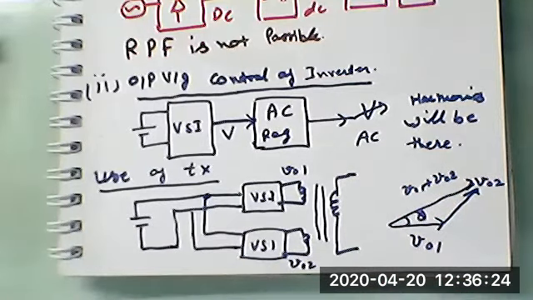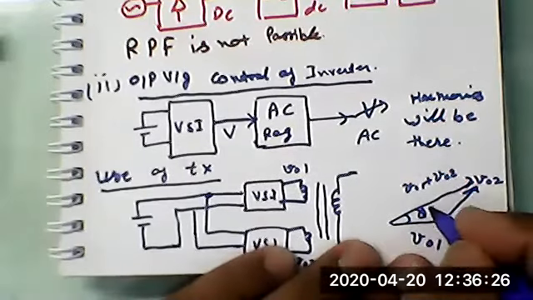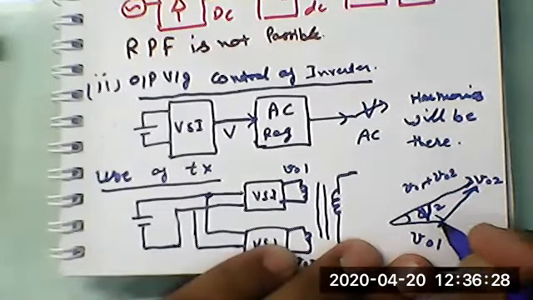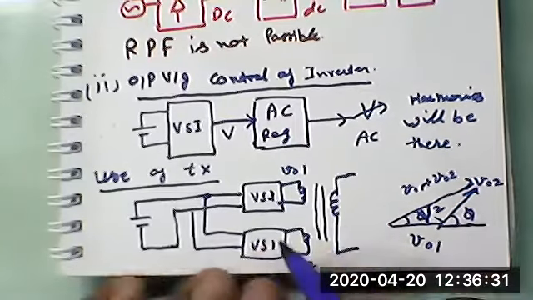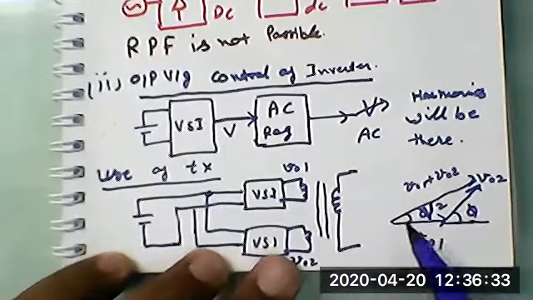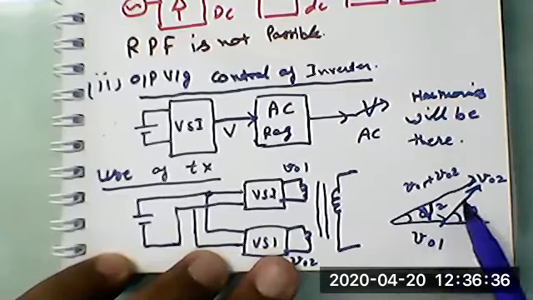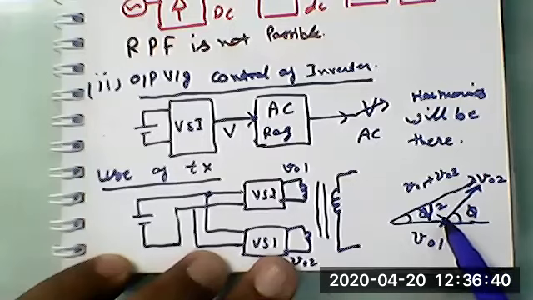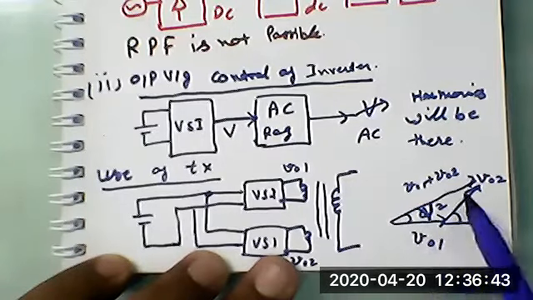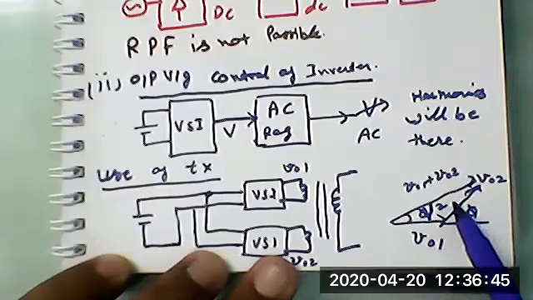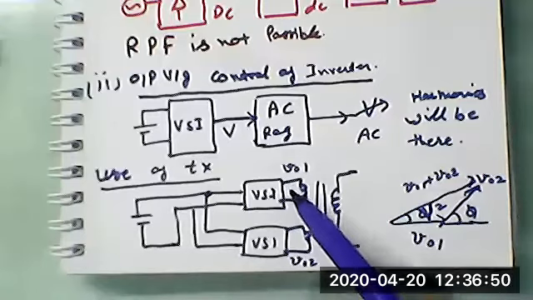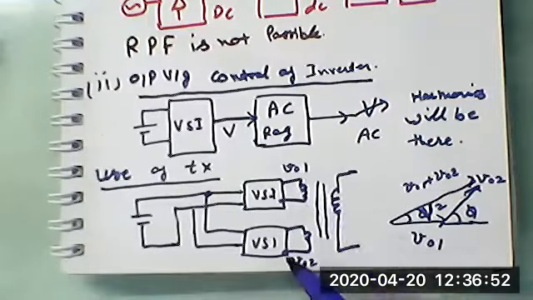In fact, this angle would be phi by 2, because the voltage difference between these two is phi. The total has to be 180, so this is 180 minus phi. The summation of these two angles would be phi, so each is phi by 2, assuming V01 is equal to V02. So you will have variable voltage like this.